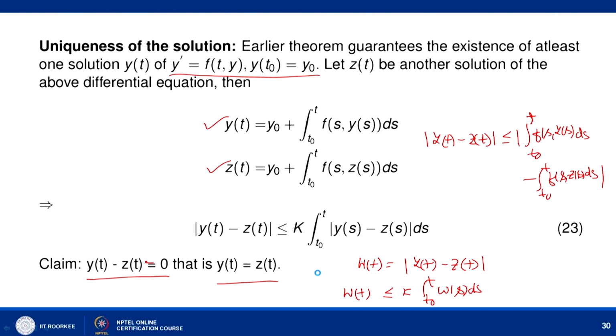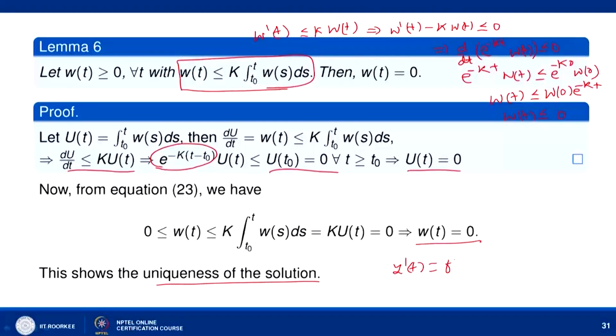In this lecture, first we have shown that y'(t) equal to f(t, y(t)) with the condition y(t naught) equal to y naught is equivalent to the integral equation y(t) equal to y naught plus the integral from t naught to t of f(s, y(s)) ds.